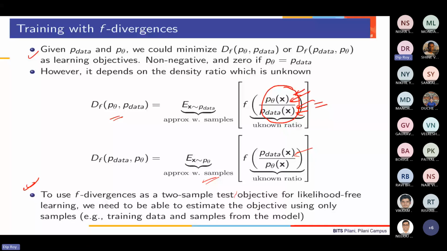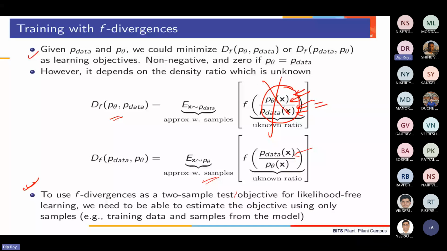Okay. And there are two fundamental problems here. P of data is always unknown, and we also don't want to do this, because then it gives a flavor of MLE. We want to work only with samples.